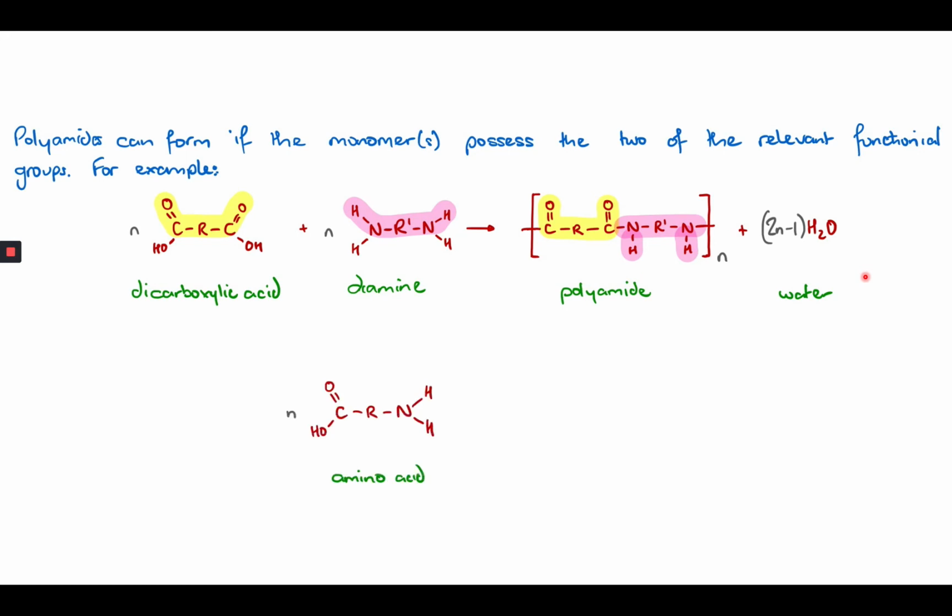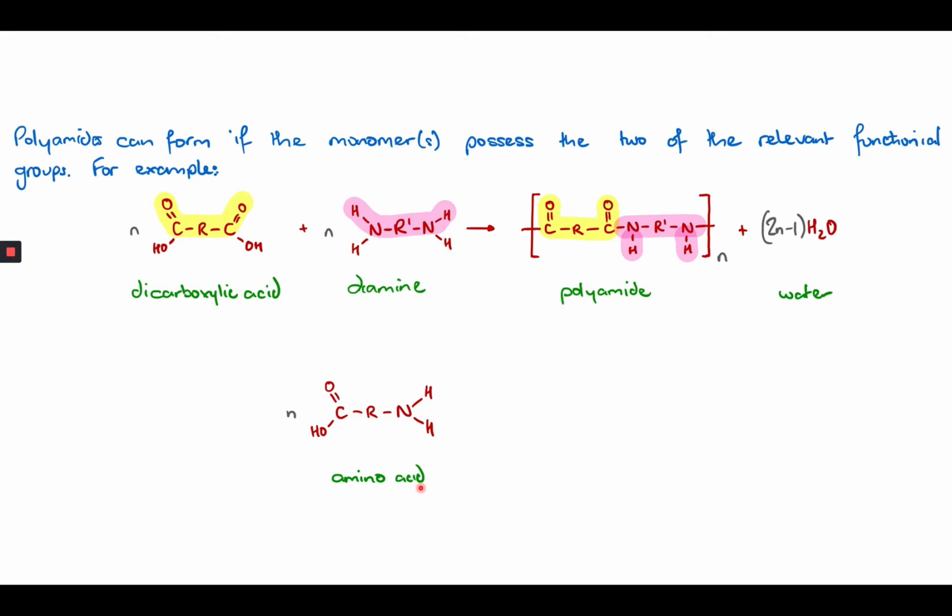And then we could have a single monomer, which, if we're likely to get this in an exam, will be an amino acid. So maybe you're already beginning to realize why it's called an amino acid, because it has an amine group and it has a carboxylic acid group. The naturally occurring amino acids, there's only 22 versions, and really we'll focus on that.